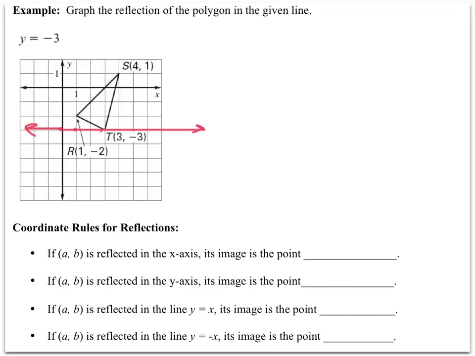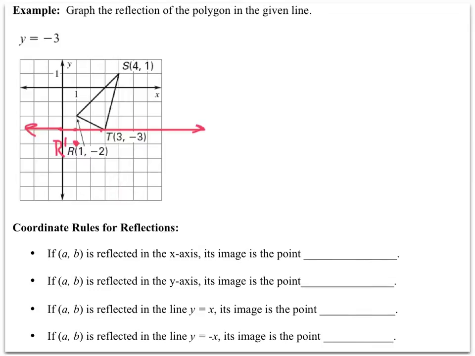So what I can do is take each point and flip it to the other side symmetrically. So R is going to become R prime right here. S is 1, 2, 3, 4 units away from the line, and remember this has to be perpendicular. So I have to do 1, 2, 3, 4 units to the line of reflection, and then 4 units this way.